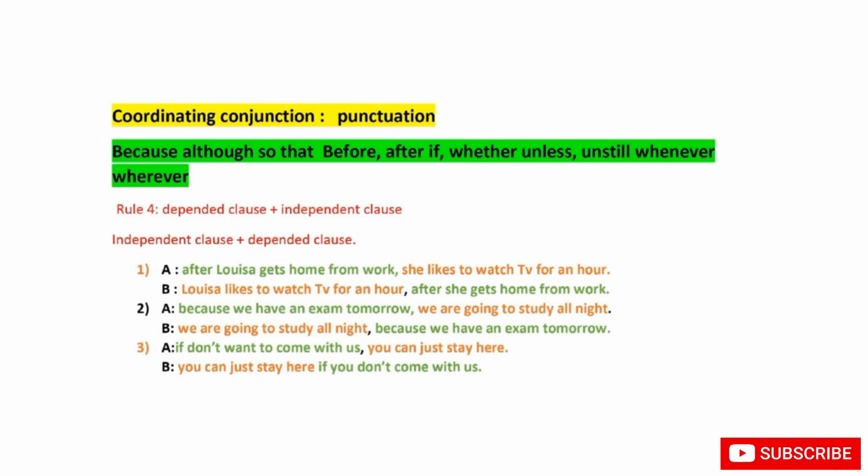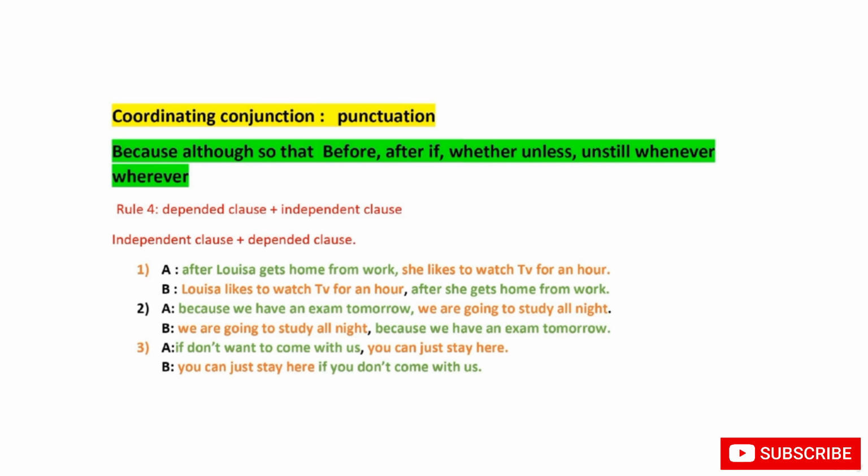It's not, because it has the word after in it. If we remove it, the sentence can stand alone. Louisa gets home from work. It's fine. But if I say after Louisa gets home from work, you will ask, okay, then what? What does she do? So you see the sentence isn't complete.